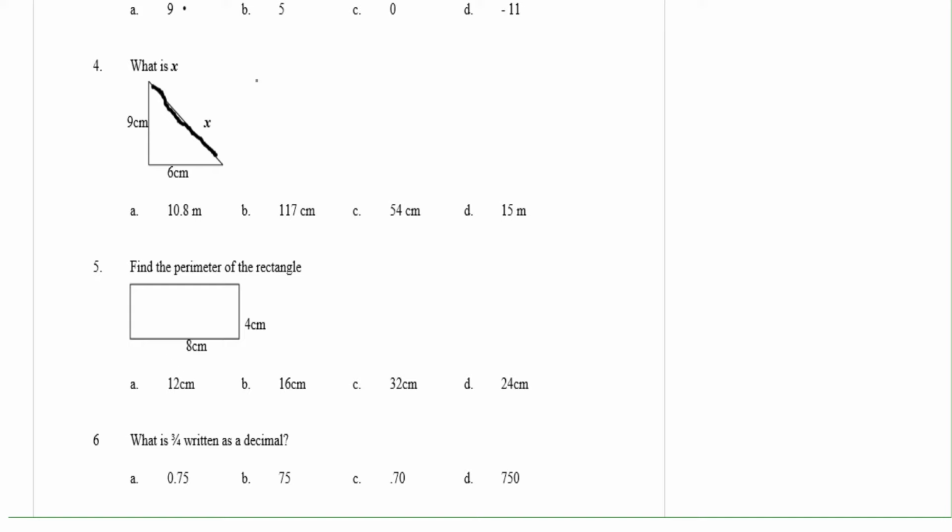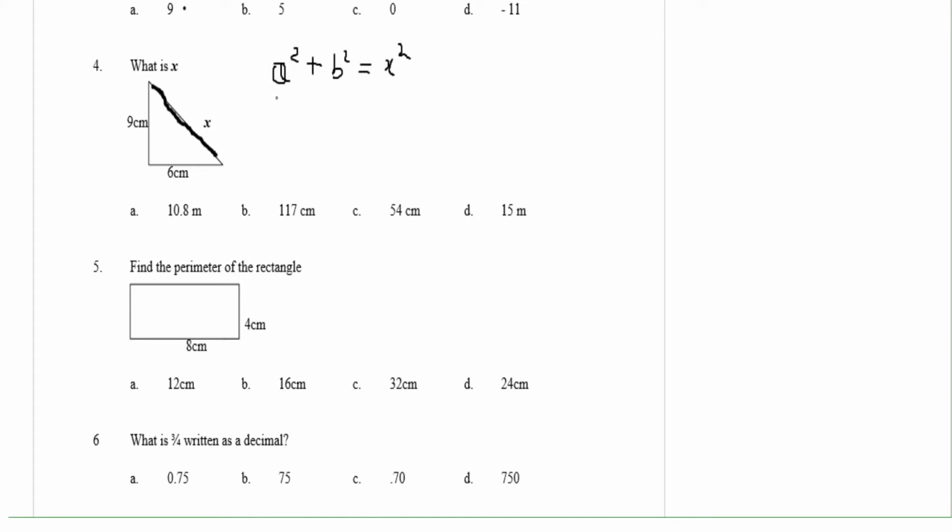Question 4 would like us to find the value of x. So to find x, we would have a squared plus b squared equals x squared. So that's the formula.